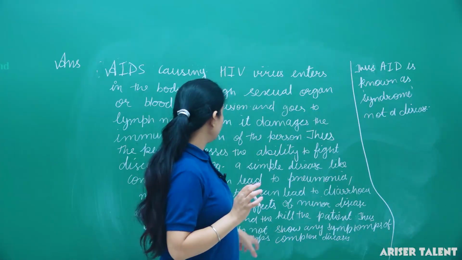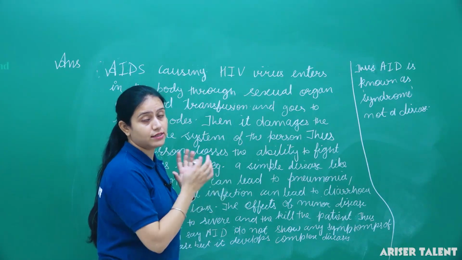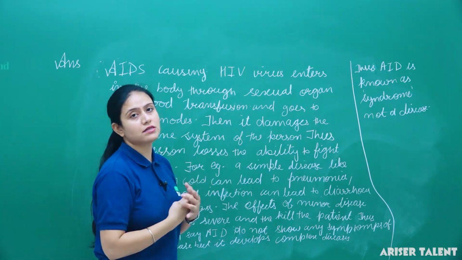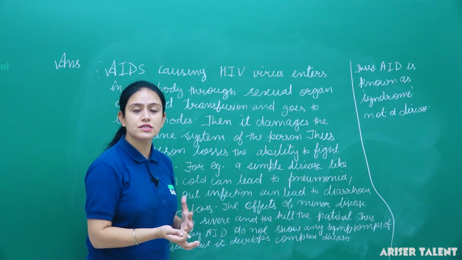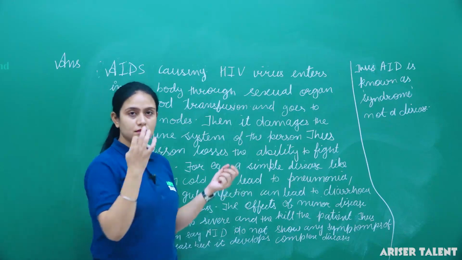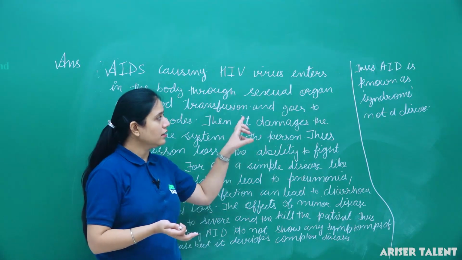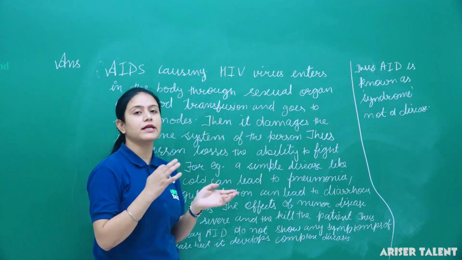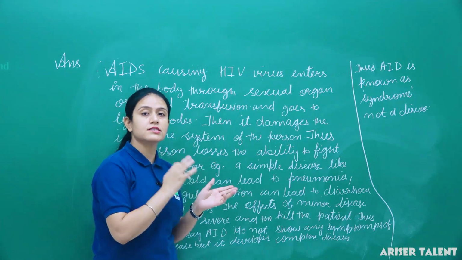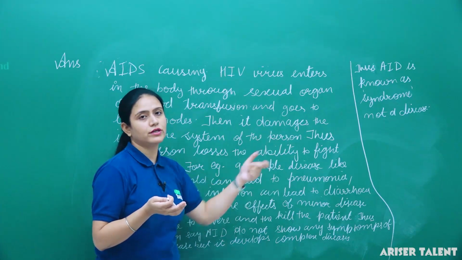AIDS generally does not show any particular symptom of a disease of AIDS, but it weakens the body by damaging the immune system. Thus the body is unable to fight diseases, and then minor diseases can lead to severe diseases, and these diseases can kill the patient. This is the reason AIDS is known as a syndrome, not a disease.